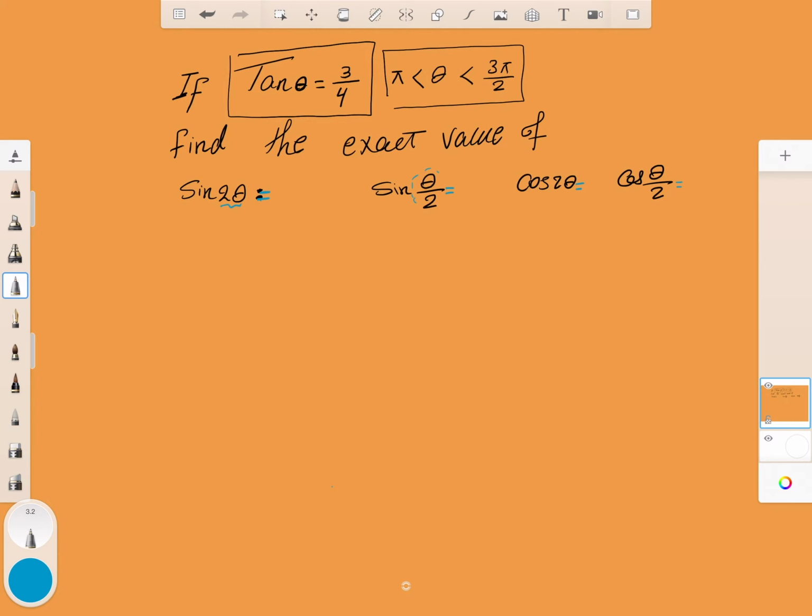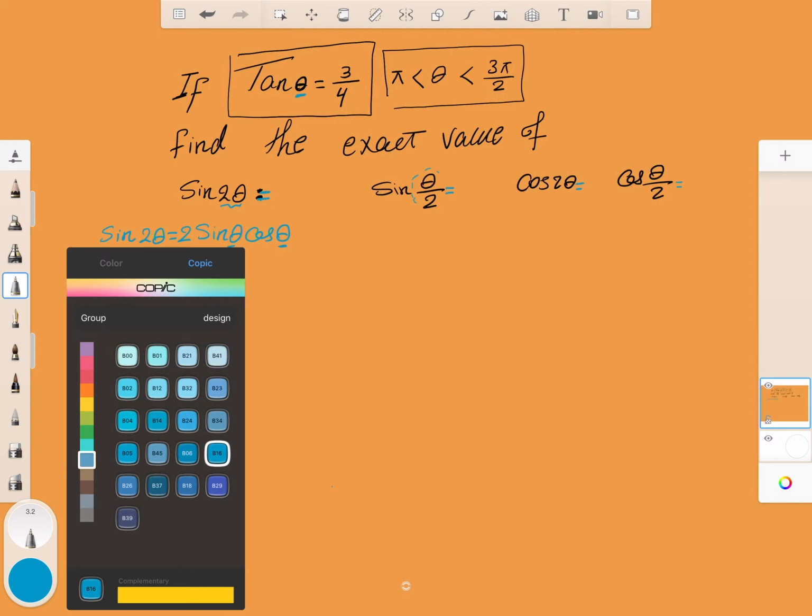From our note sheet or formula sheet, we know sine of 2 theta equals 2 sine theta cosine theta. So we made it to a single theta because we have a single angle.